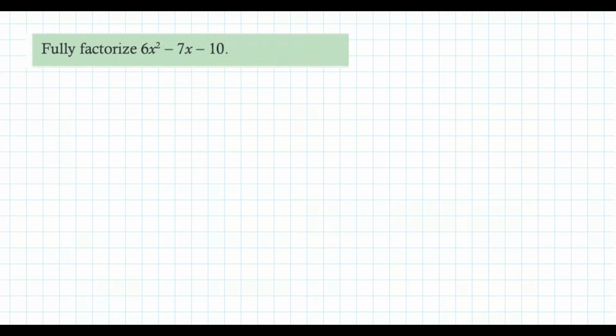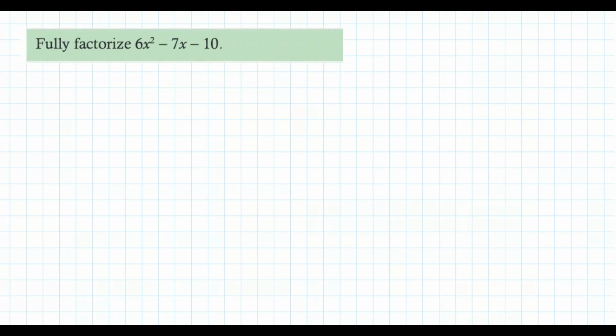What about this question? Another question. What about this one? It says fully factorize this expression, which is 6x squared minus 7x minus 10. In this scenario, we have many factors for 6x squared. It could be 6x by x, or 2x by 3x.